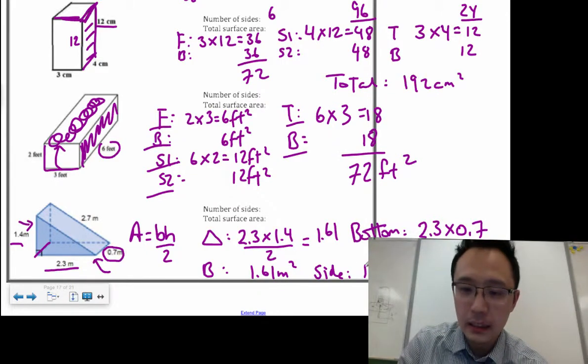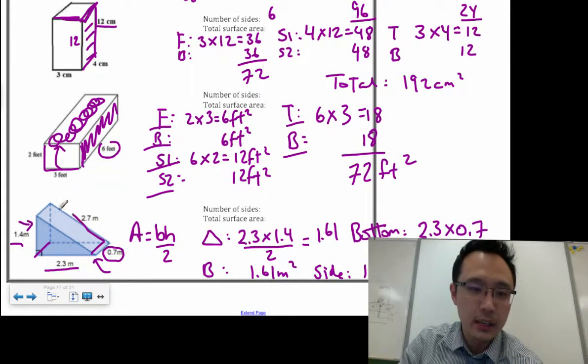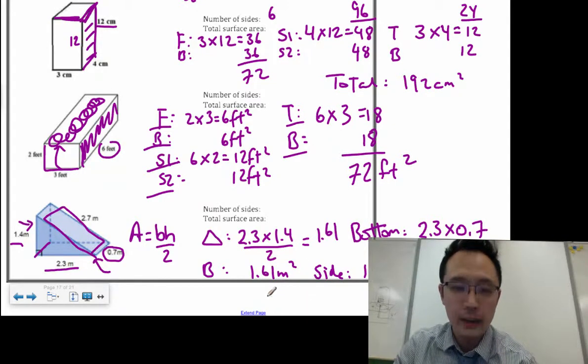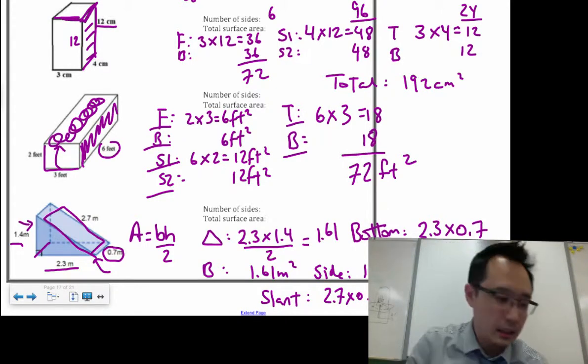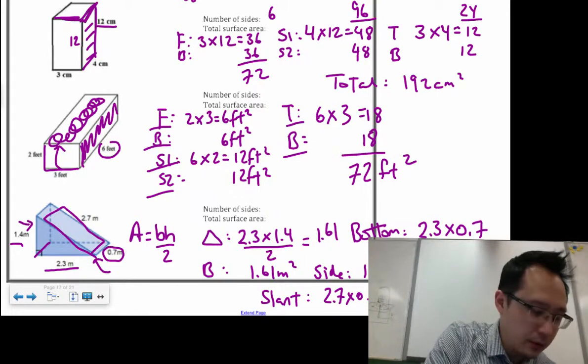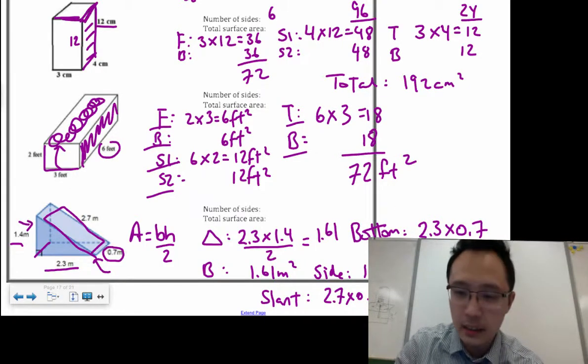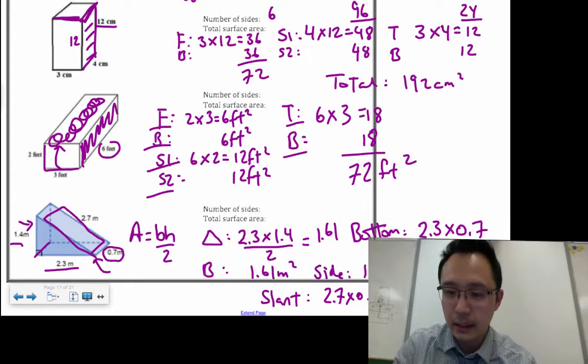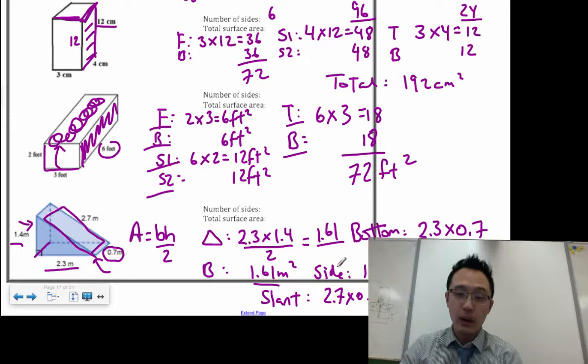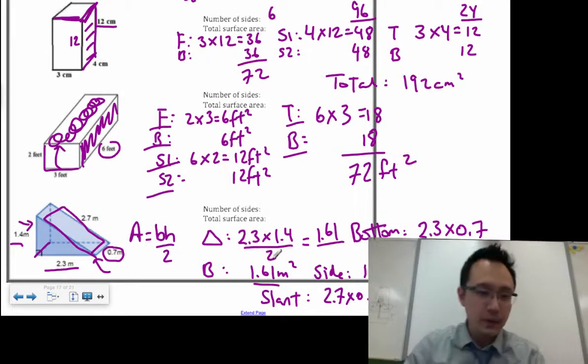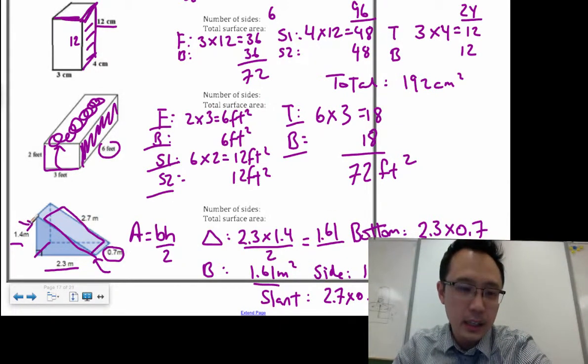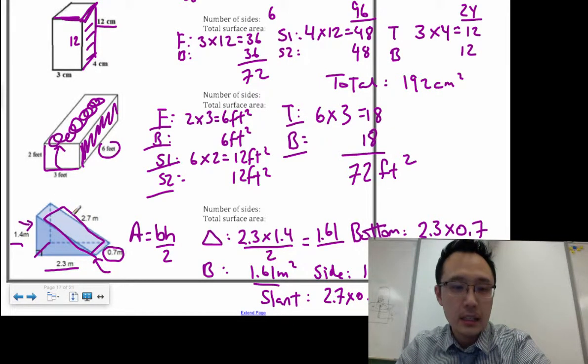0.98. And then the last one, I have this big slant right here. That's a big rectangle, so my dimension of the slant is going to be 2.7 times 0.7, which gives me the answer of 1.89. So now it looks really messy, but here is what I have to add. Do I have 5 sides? There's this side on the back, the slant, the front and the back, and then the bottom.